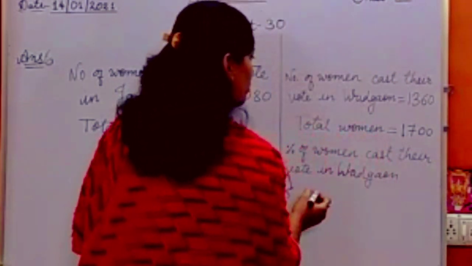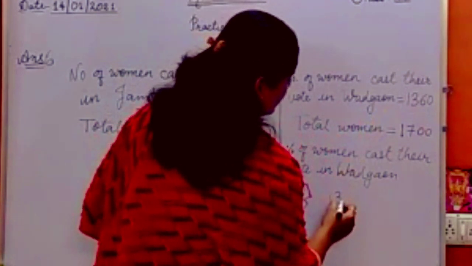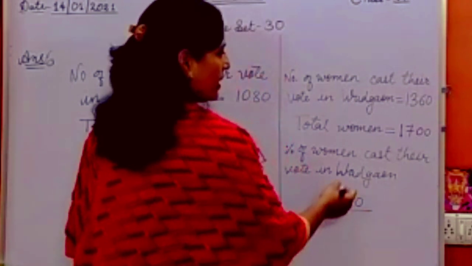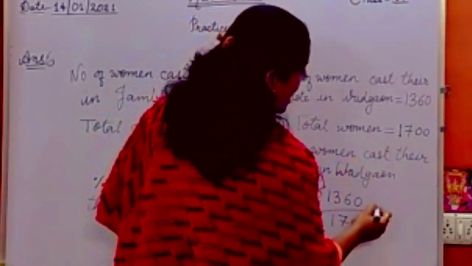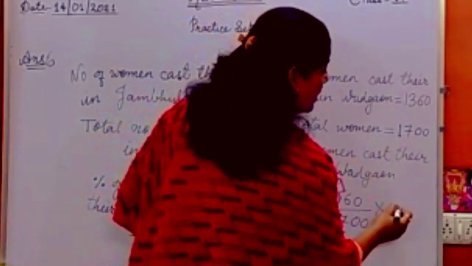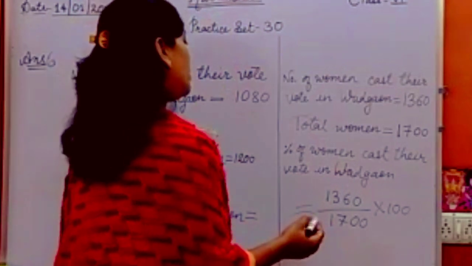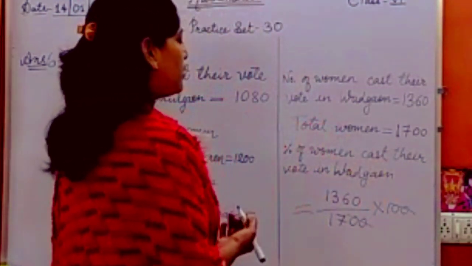It is equal to, see, again 1360 cast their vote. It will be the numerator and the denominator is the total number of women. Okay. And multiply it with 100. Why are we multiplying it with 100? To find out the percentage. Okay. So let us divide it. Cut the 0, 0.